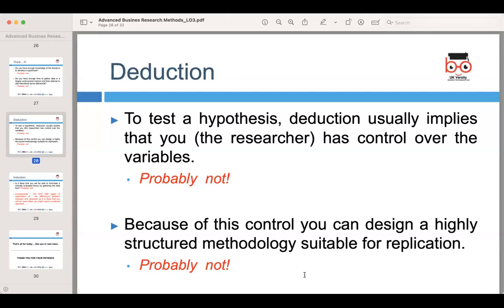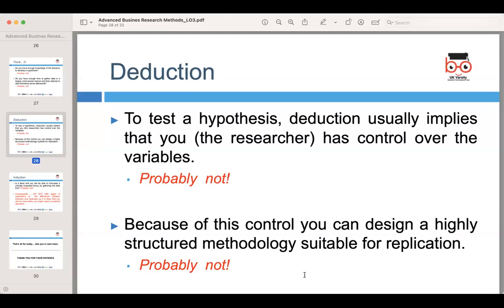Deduction allows for highly structured methodologies suitable for replications. While it is true that structured methodologies are valuable in scientific research, it is not accurate to claim that deduction alone guarantees this.